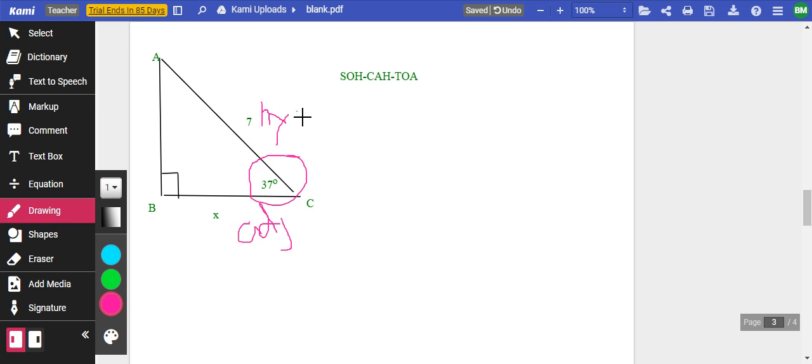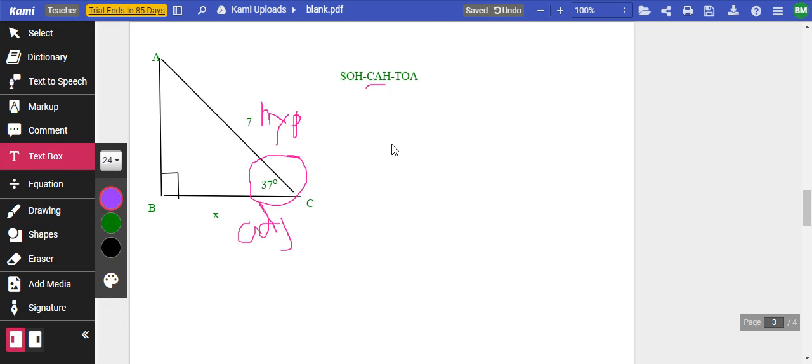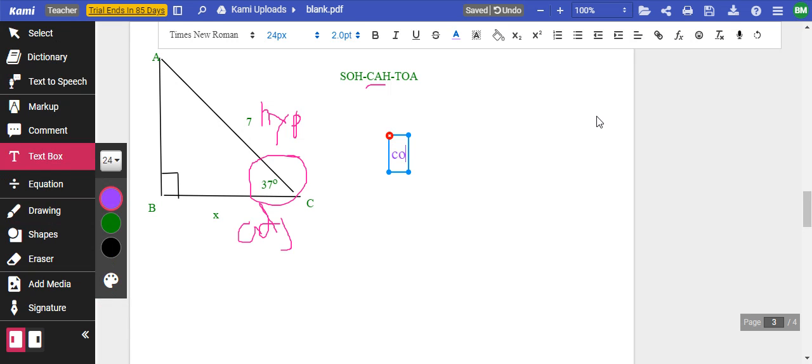So if I'm using adjacent and hypotenuse, I'm using CAH, so I am going to use cosine. So I'm going to say the cosine, and then you say the angle. Make sure you put it in correctly, equals adjacent x over hypotenuse 7.